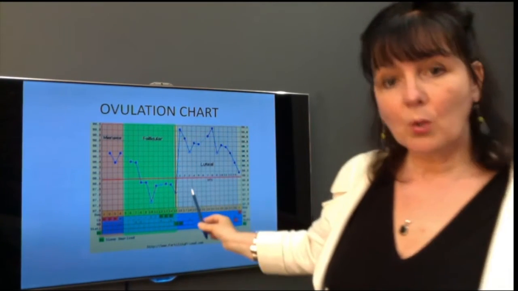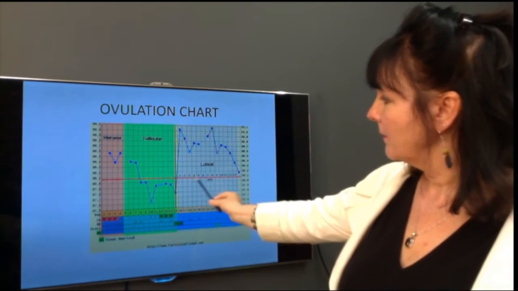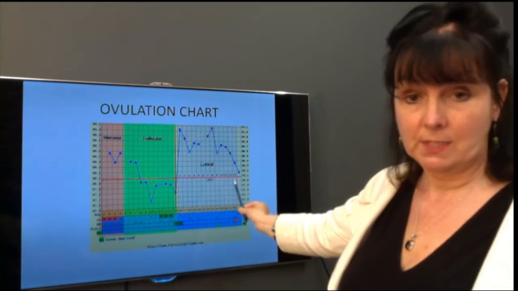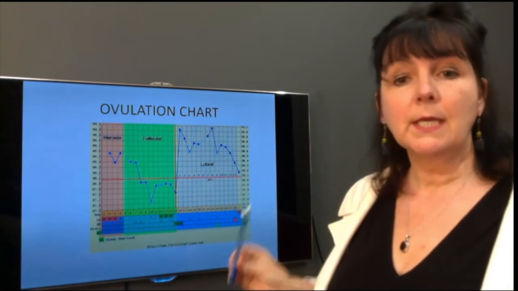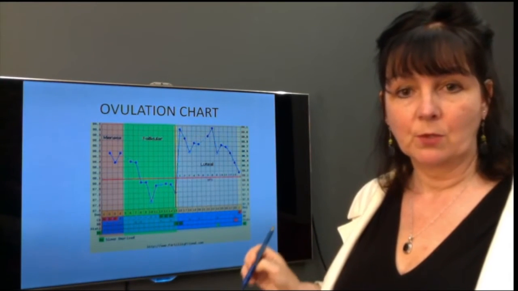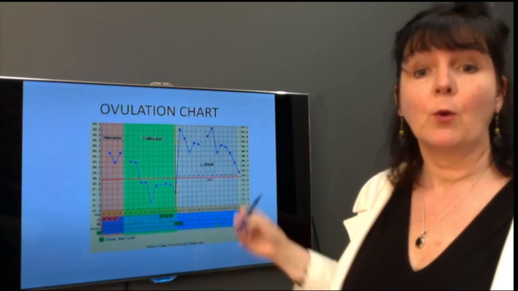What you'll also see along this red line is the number of days post-ovulation. And this is critical because we need clients to have a minimum of 10 days post-ovulation for successful implantation and therefore pregnancy.